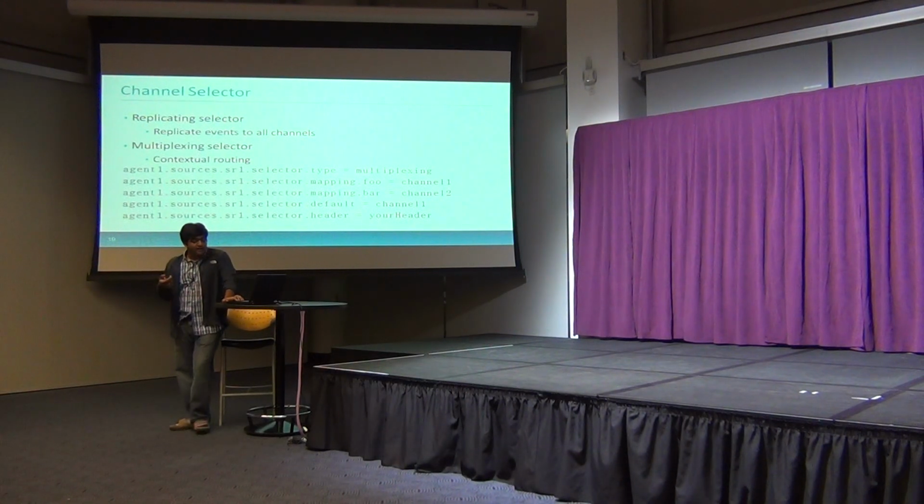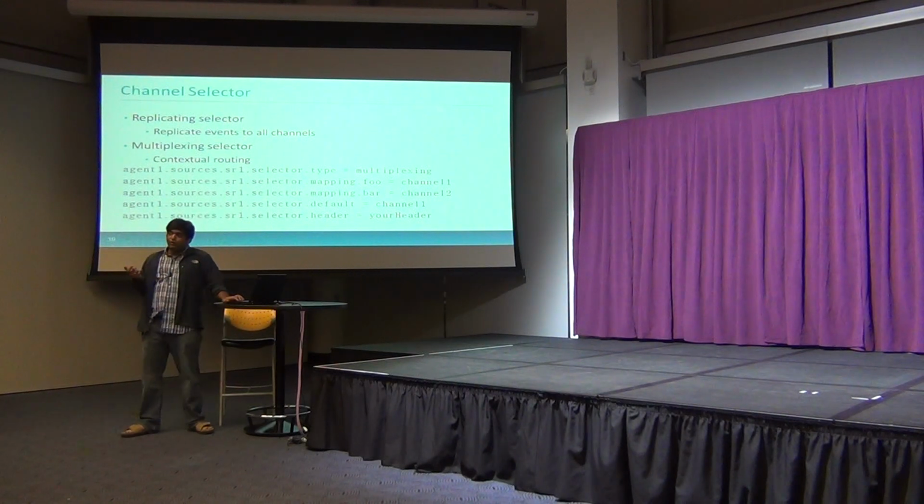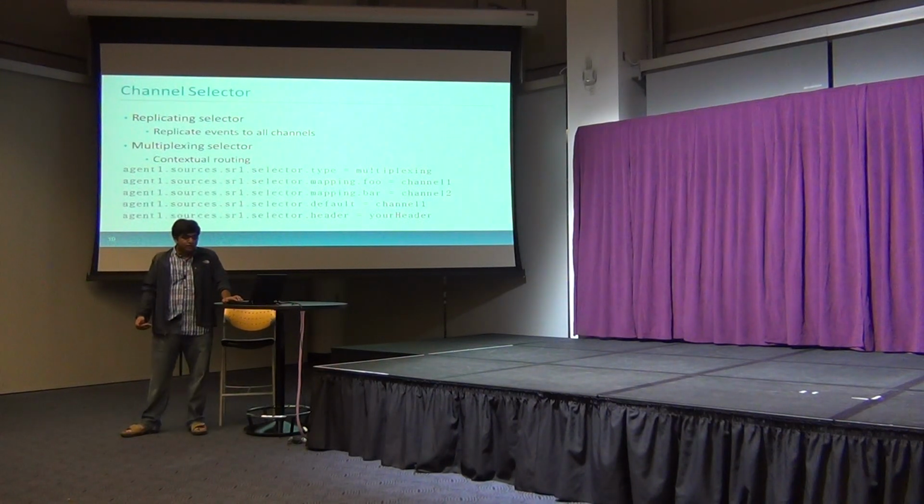It looks at your header and checks, is the value of your header equivalent to foo? If it is, it drops in channel 1. If it is equal to bar, it will drop in channel 2. If it is neither, if it is not foo or bar, say it's Yahoo, it will just drop in the default channel. So a multiplexing channel selector allows you to decide where your events go based on priority or however you define.